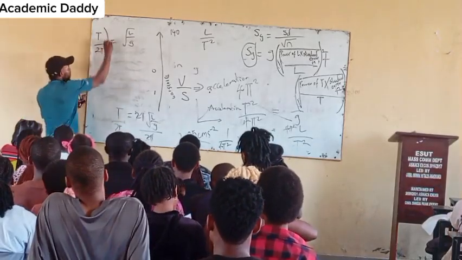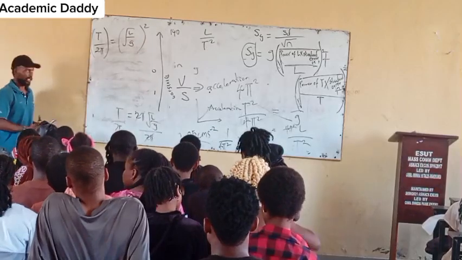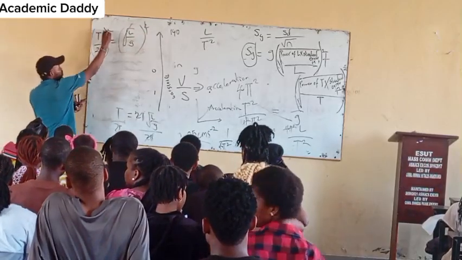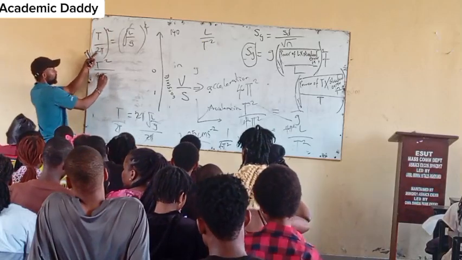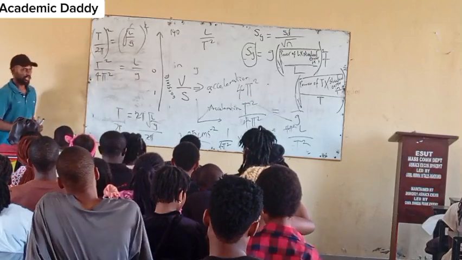So let's take the squares of both sides, shall we? This will cancel this, so that if I take the square of this, it becomes T squared over 4 pi squared equals L over G. Is it not true? Yes.